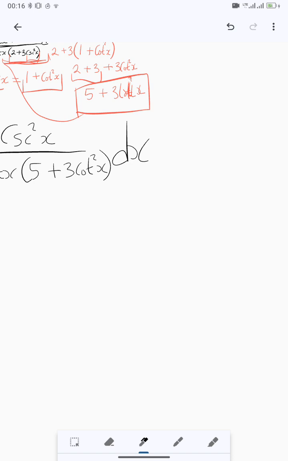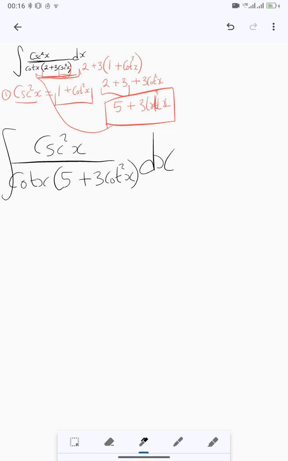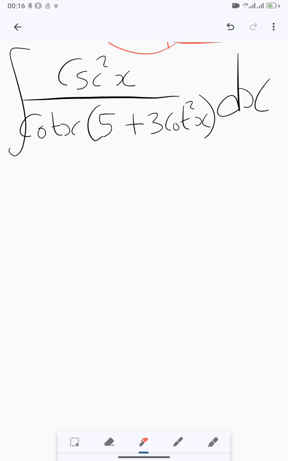Then from here, if you see, you can go ahead and perform u substitution. You're going to let your u be cot x, because you know that the differentiation of cot x is simply negative cosec squared x, and that will take out this.